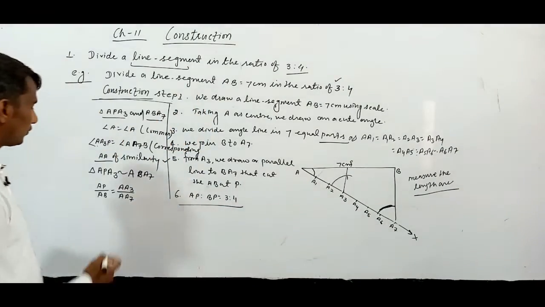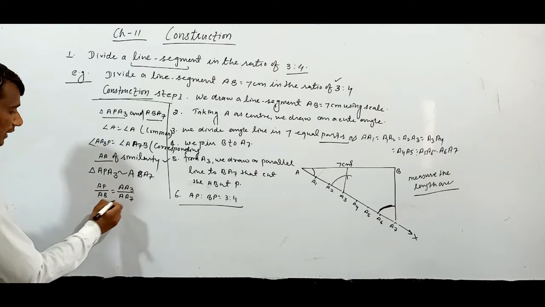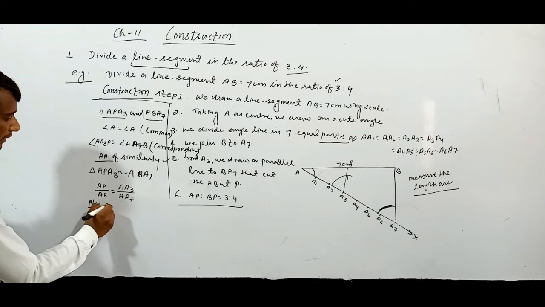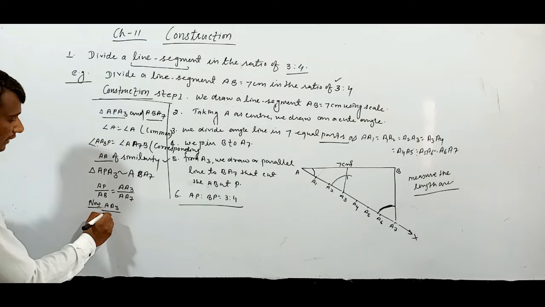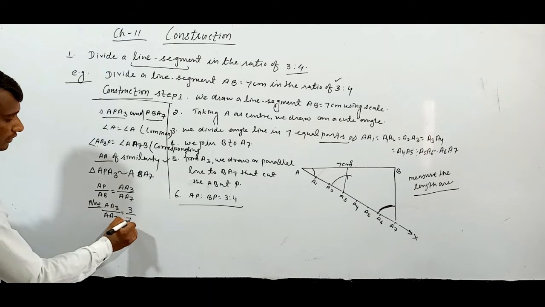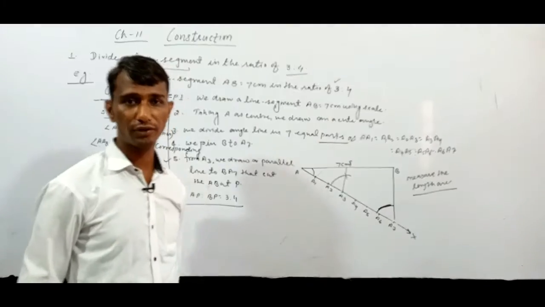Dear student, you know the value of AP, so you can write it here. Now AA3 upon AA7: the AA3 value is 3 and the AA7 value is 7. But we need the ratio 3:4. So what do we do?